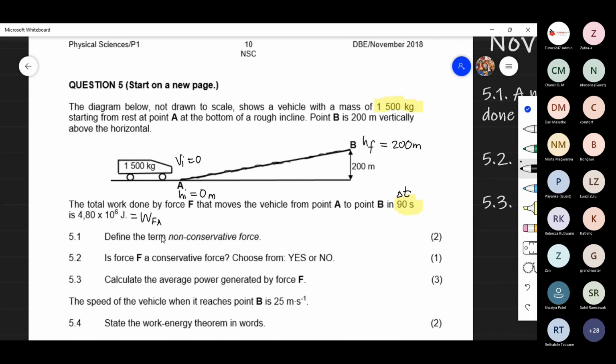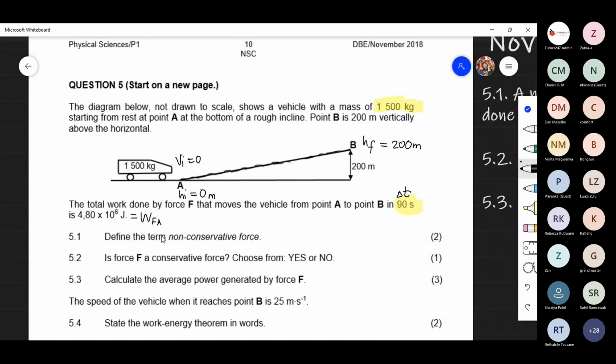Okay. So our first question is define a non-conservative force. It's on the right hand side. You can have a look at that. Our next question, is force F a conservative force? So they want to know, is the force that moves this vehicle from point A to point B a conservative force?